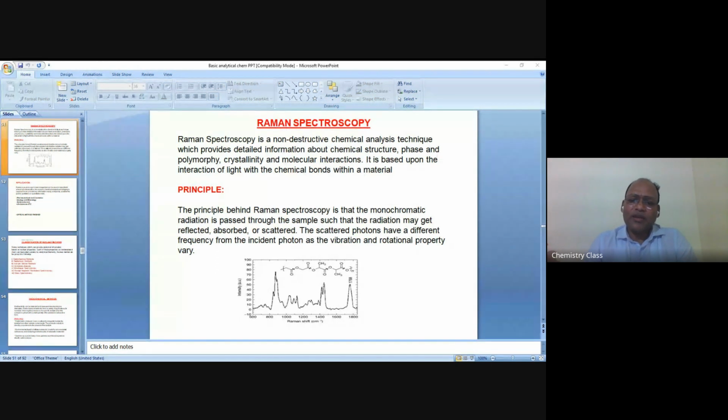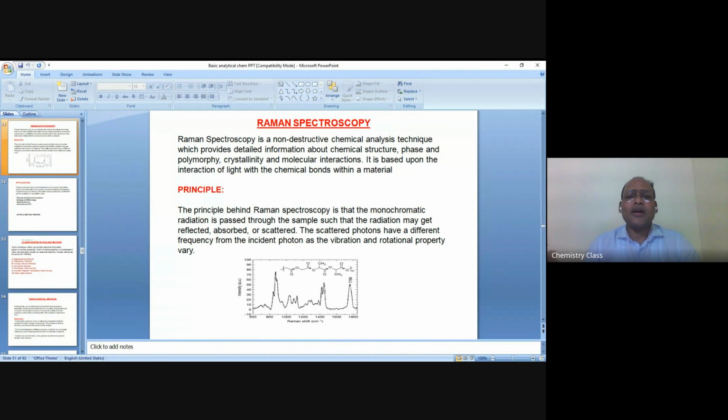You cannot say its structure just from looking, although in theory we understand that ethanoic acid is CH3COOH. But to analyze the structure, you have to use a spectroscopic technology. Raman spectroscopy can explain the structure of ethanoic acid without damaging it. Phase means whether it is solid, liquid, gaseous, or plasma. Crystallinity means whether it is crystalline or non-crystalline, and if crystalline, what the stoichiometric arrangement is. And molecular interaction means what the force of attraction is over there.